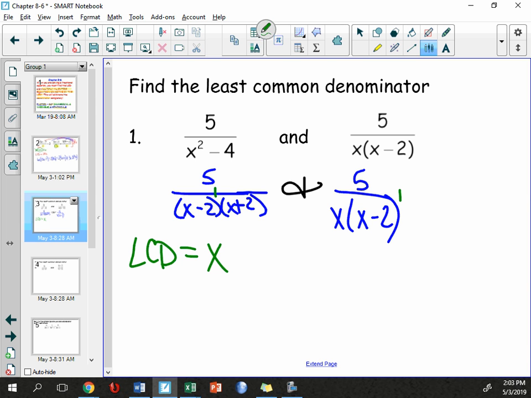Compare the lovely little exponents and take the larger exponent always. So in this case, they are the same, so I'm just going to have x minus 2. Do I have an x plus 2 in each of those? No, but because it's in 1, it has to be a part of the LCD. That is your LCD. Do we understand that? Okay, next one.